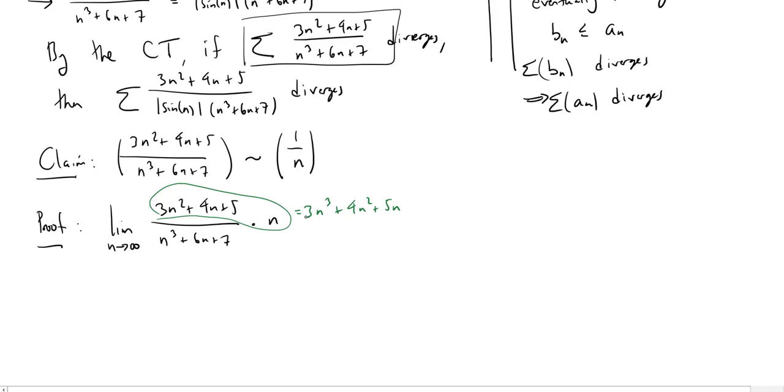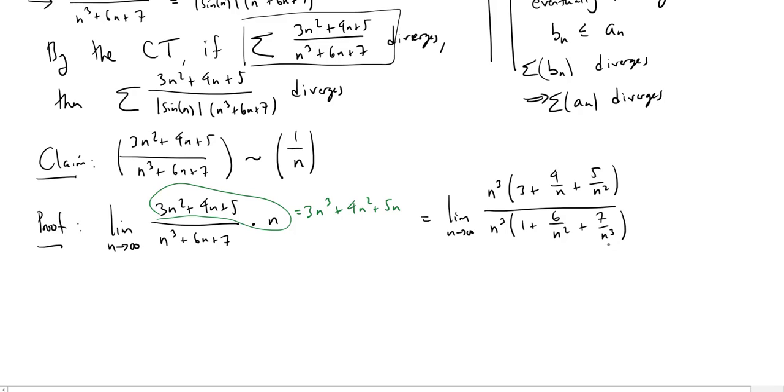And I'm going to factor an n cubed out of both the numerator and the denominator. So this will be the same as the limit as n goes to infinity of n cubed times, and what's left over? I'll have a 3 plus 4 over n plus 5 over n squared. In the denominator, I factor out an n cubed, and I'll have a 1 plus 6 over n squared plus 7 over n cubed.